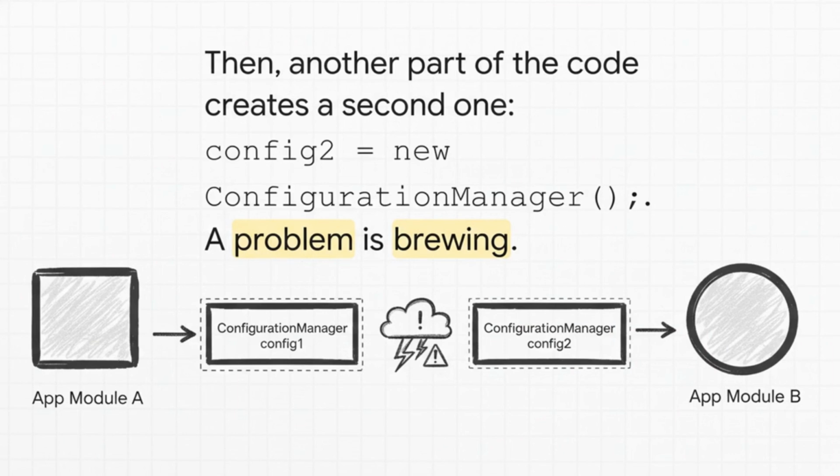But then, a little later, a completely different part of your app, maybe the logging service, needs to know where to write its log files. So it does the exact same thing. It creates its own brand new instance of Configuration Manager. Uh-oh. Now we have config1 and config2 floating around. You can probably see the storm clouds gathering, can't you?